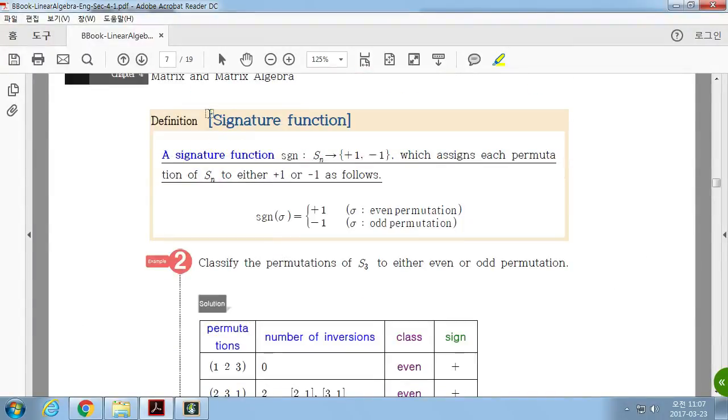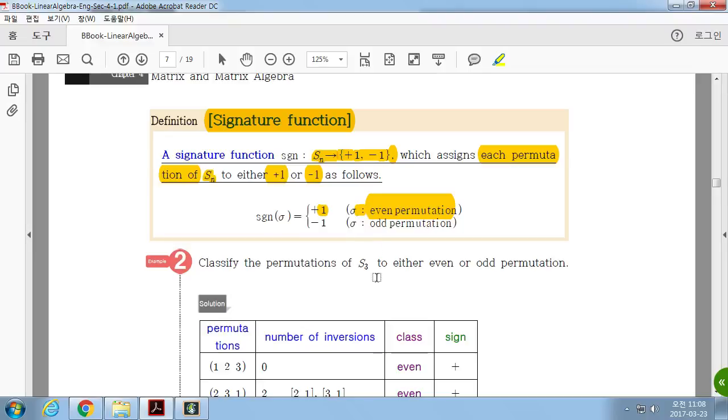Next, we define a signature function. The signature function is a function defined on Sn, the set of all permutations on S. Its codomain is 1 or minus 1, only 2 numbers, which assigns each permutation of Sn to either +1 or -1. If sigma is an even permutation, then the signature of sigma is +1.